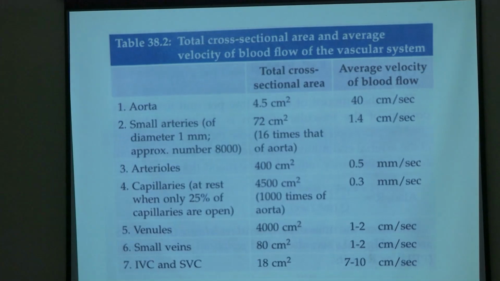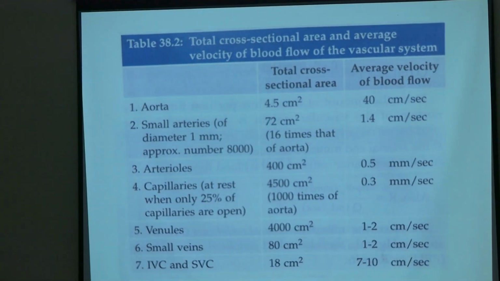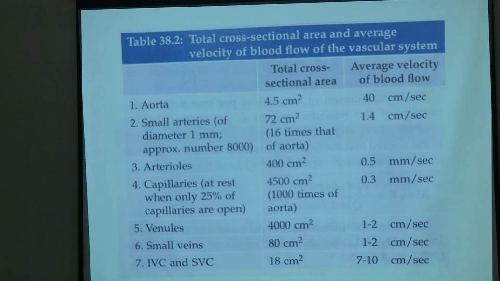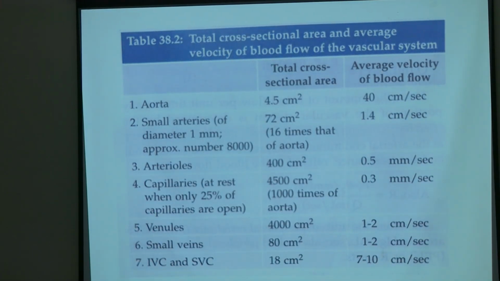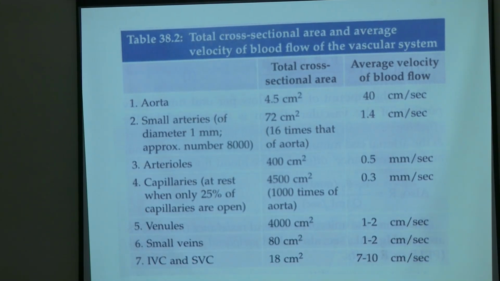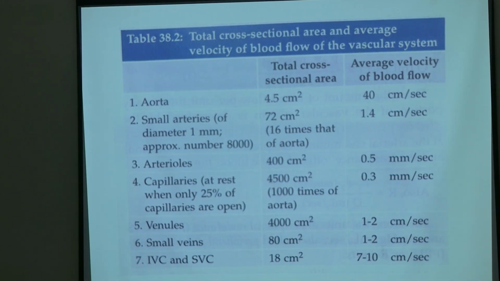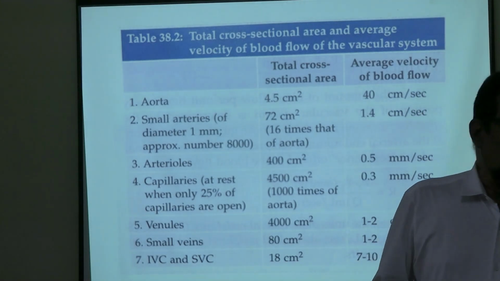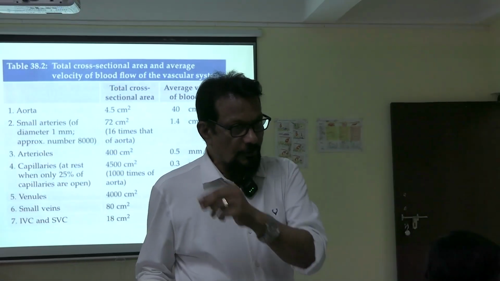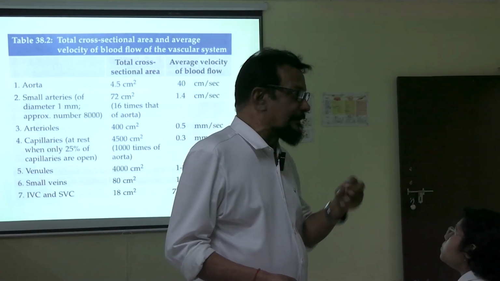Again, in the arterioles it is further increased. Cross-sectional area is further increased to 4,000 centimeters square. And in the capillaries, that too at rest, one point is given: at rest only 25% of capillaries are open. Some capillaries remain dormant, and no blood flows through them.